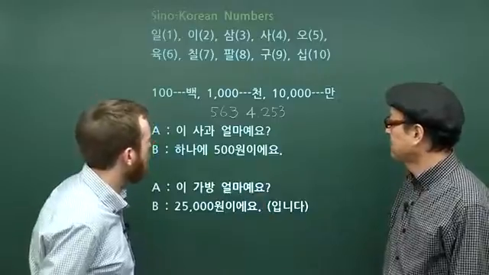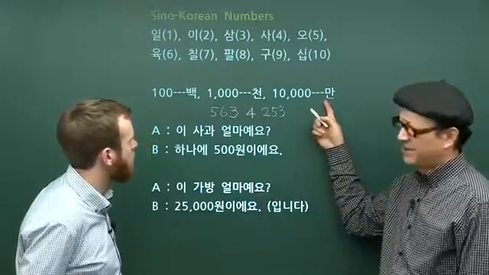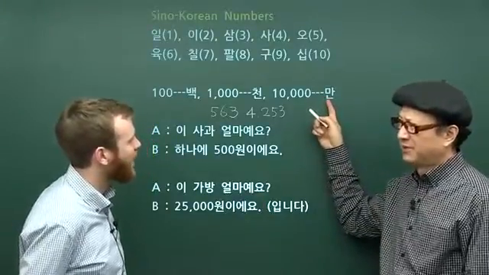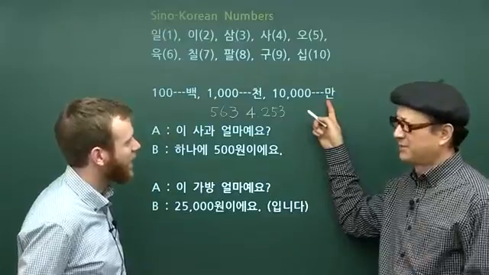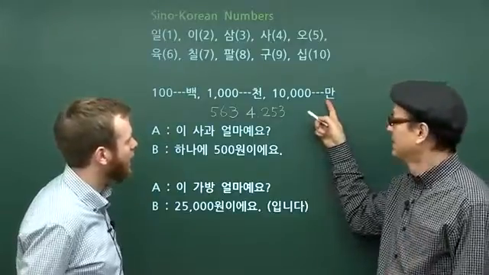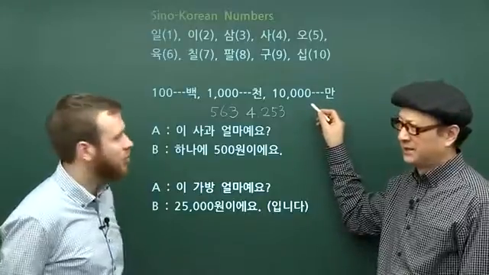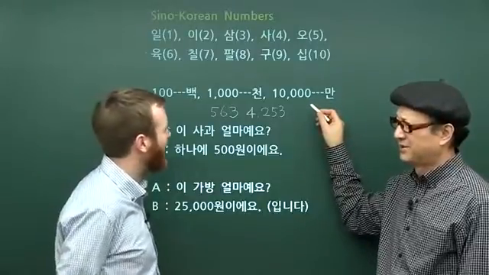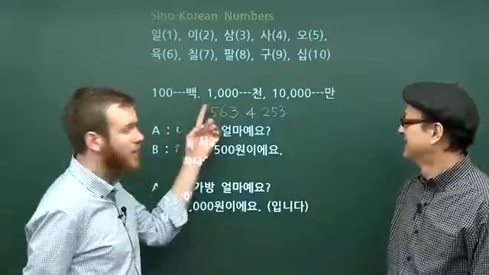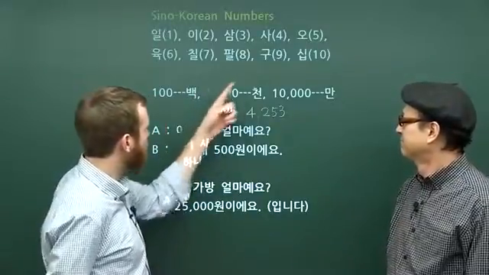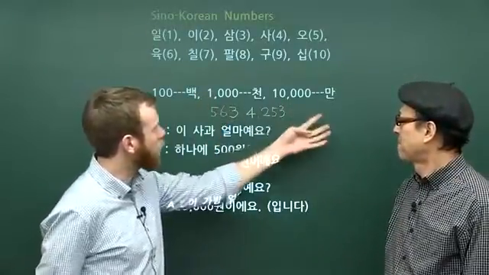This next one is the one which gives my students a hard time. This is 만. Man. It's not 10 chun, not ship chun. It becomes a whole new number.